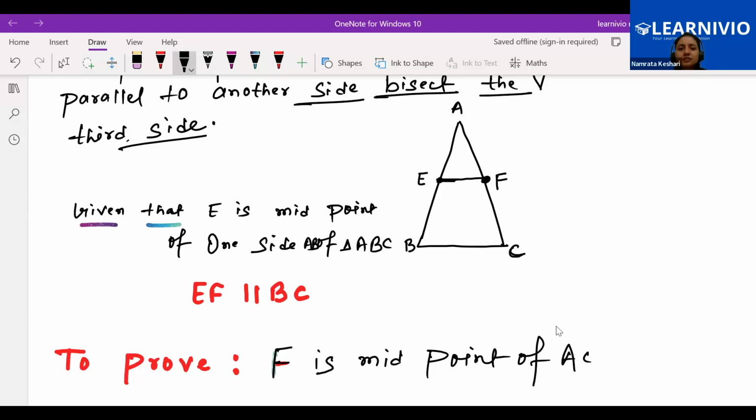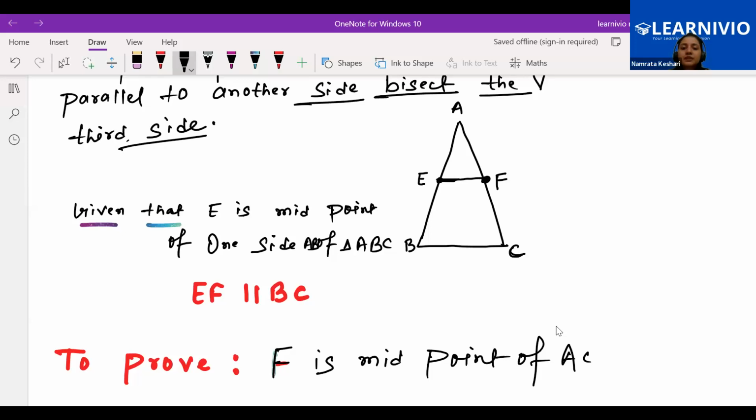Okay, but if this question carries 3 marks, then just writing the statement is not enough, right?